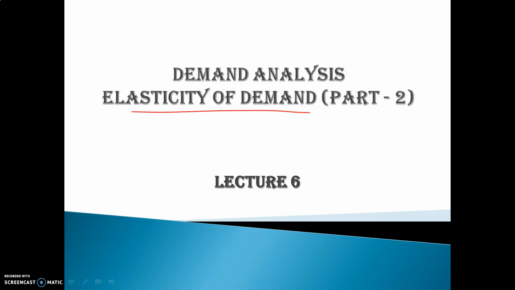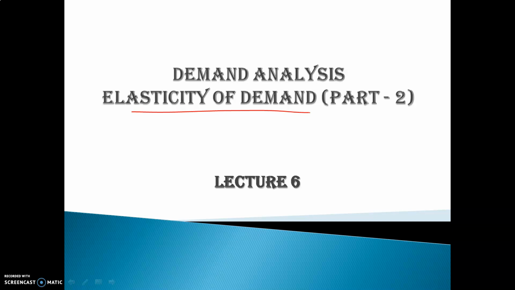Why did he put it forward? Because he felt that the law of demand just gives a brief illustration of the relationship between quantity demanded of a product and price of a product. But by the law of demand, we cannot measure the magnitude of change in quantity demanded due to change in the other factor, that is price.